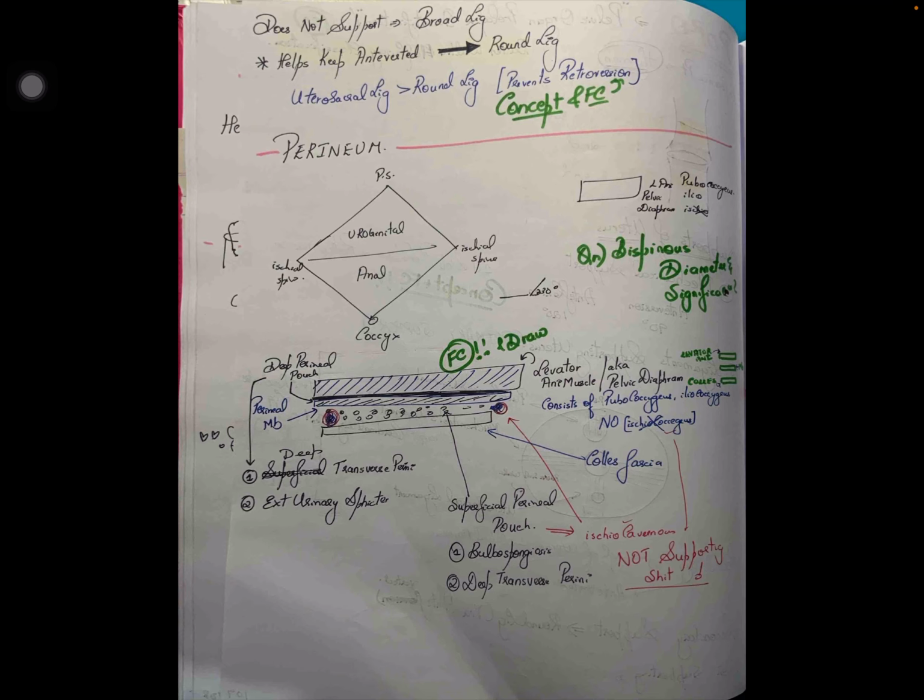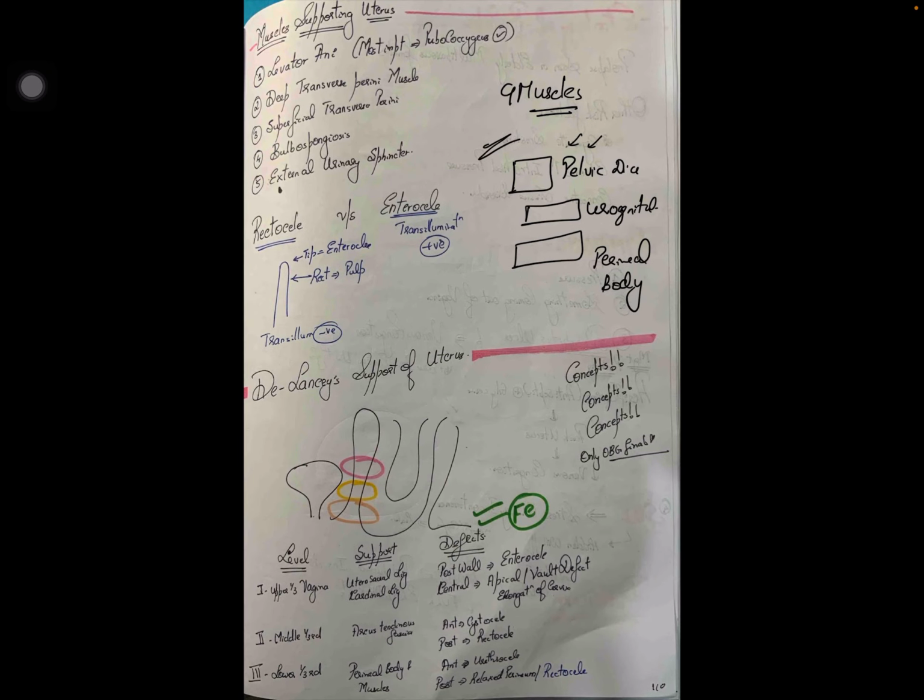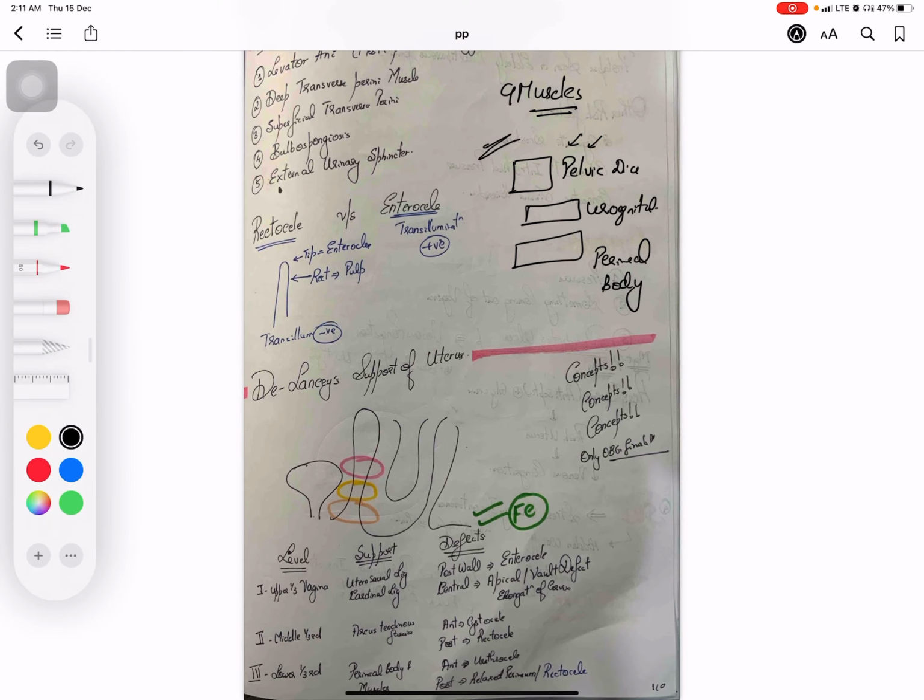Okay, so let's repeat all of that. We have the pelvic diaphragm, which is formed by the levator ani muscle, paired. So two muscles over here, and this is iliococcygeus, pubococcygeus. After that, we have the urogenital diaphragm. We have the deep perineal pouch, which is formed from the deep transverse perineal muscle and external urethral sphincter.